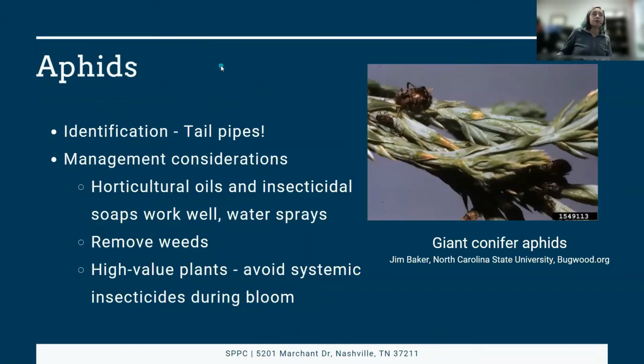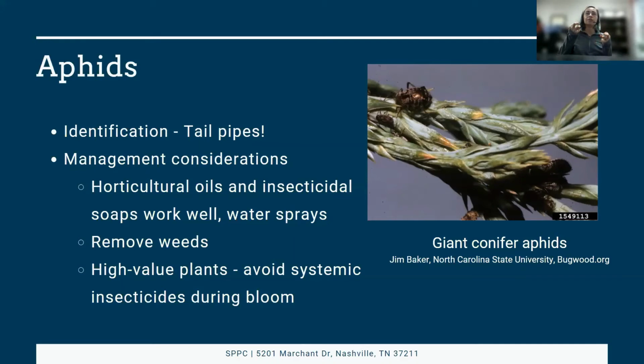Aphids are another big insect pest that I've seen in the lab on just about everything. Aphids have these cute little tailpipes at the end of them, so that's how we identify aphids as opposed to other insects. These insects have little piercing sucking mouth parts that will suck the chlorophyll and sugars out of our plants and can sometimes cause browning.